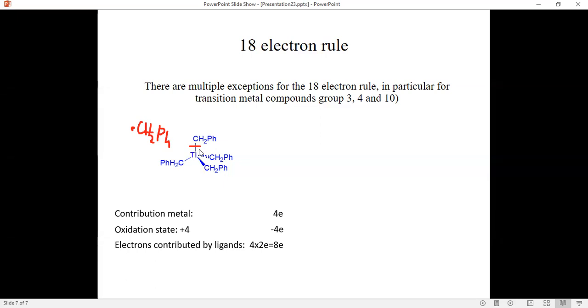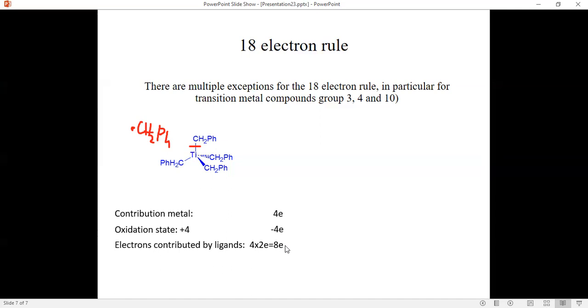But in the neutral atom method, we do not need to subtract 4 electrons here. So only 4 electrons overall come from the ligands, 1 electron per ligand. This gives us 8.